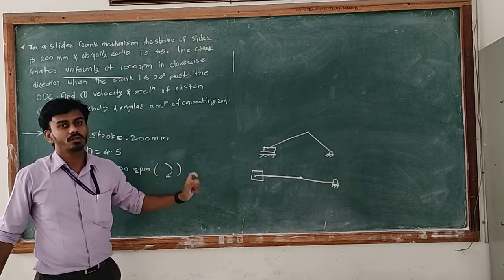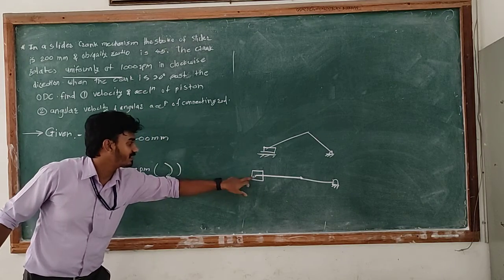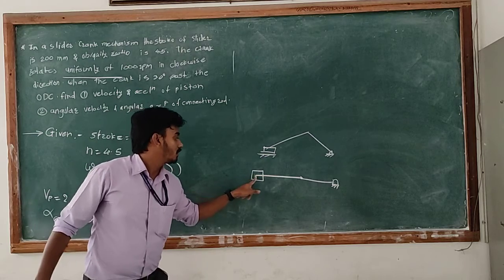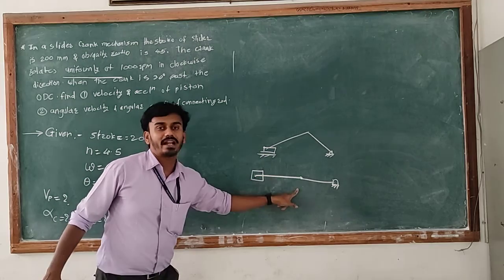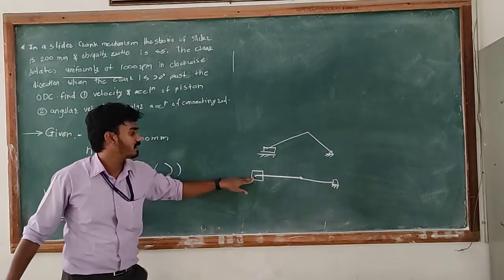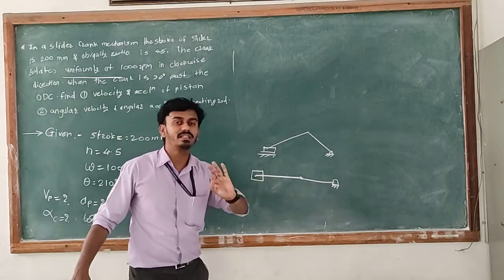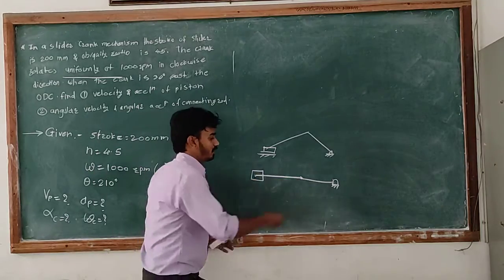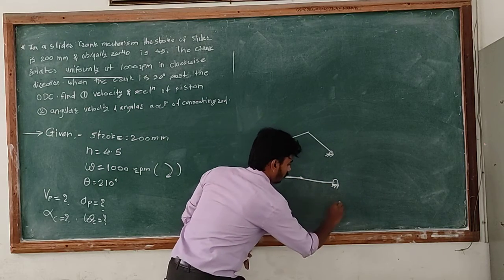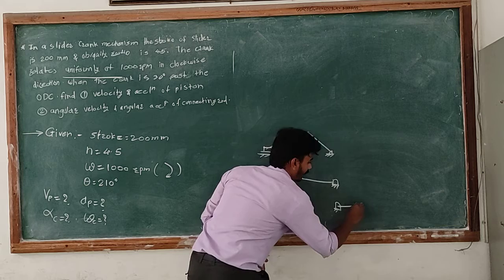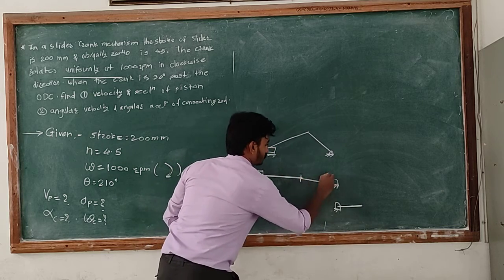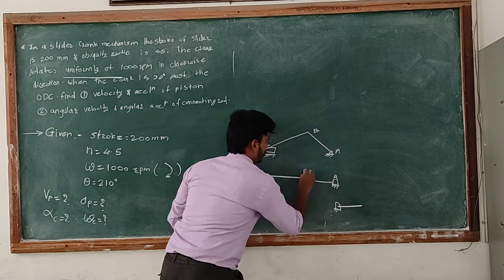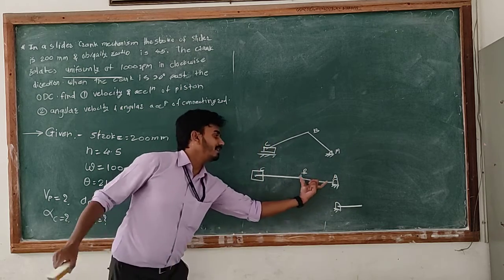What is meant by stroke? Stroke means when this slider is at the extreme left and when it reaches the extreme right. When this slider reaches the extreme right, the position of the crank is here. Suppose we mark here A, B, C. Here AB is the crank element.